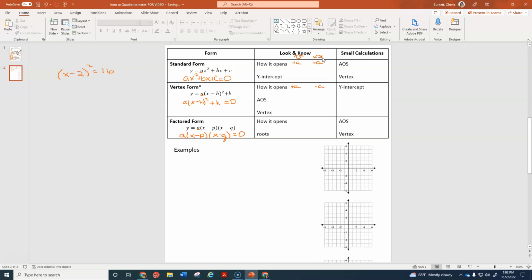A negative A, this negative A right here, means it's opening down. So all you got to do is look at the equation and tell me if it opens up or down.